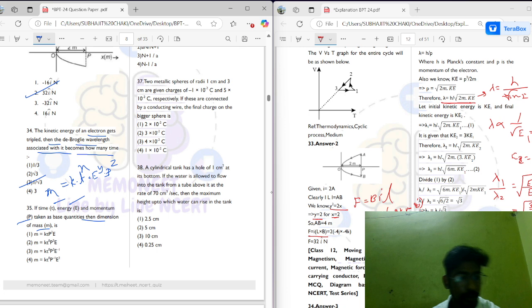If the light is completely polarized at the polarizing angle, then the refractive index of that medium is equal to tan of that angle. According to Brewster's formula, mu equals tan iP. This you have to remember, Brewster's formula or Brewster's angle.